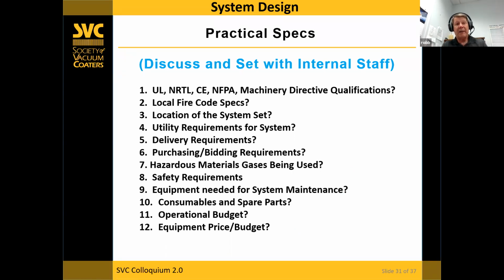Now, I put in something like delivery requirement here as well. If you order a vacuum system from company X and we agree on a 6-month or an 8-month delivery time, what happens to your production level if we don't meet that delivery? How much is that going to cost you?